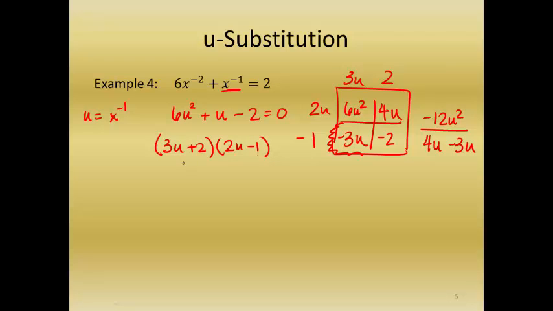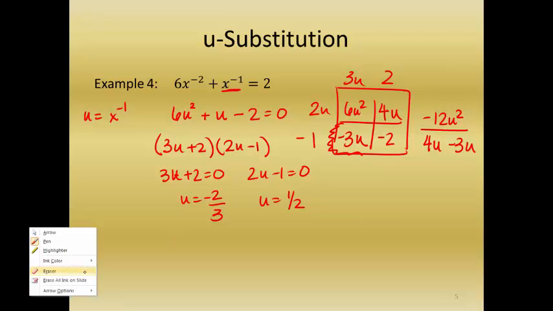But I wasn't solving for u. I do need to finish solving here, so I get 3u plus 2 equals 0, 2u minus 1 equals 0, u equals negative 2/3, u equals 1/2. All right, so using that, I now will set it back equal to this x to the negative first power.